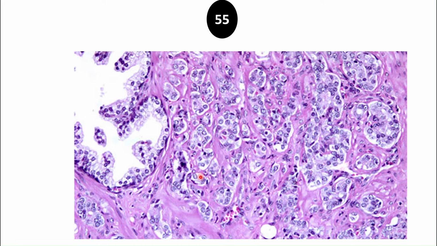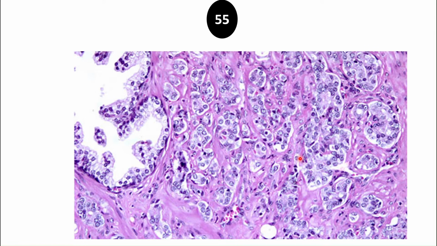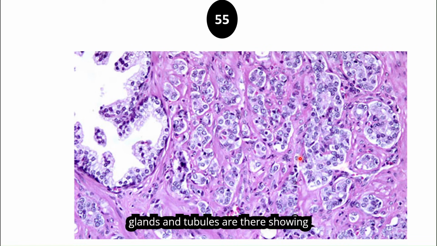But here these are the small glands with single type of epithelium with round cells, and there is loss of basal epithelium, right? So this is the case of CA prostate, in which there is loss of two-layered epithelial structure and varying size of glands and tubules are there, showing malignant appearance of nucleus.